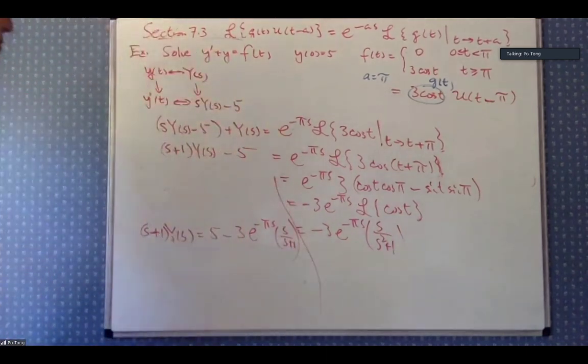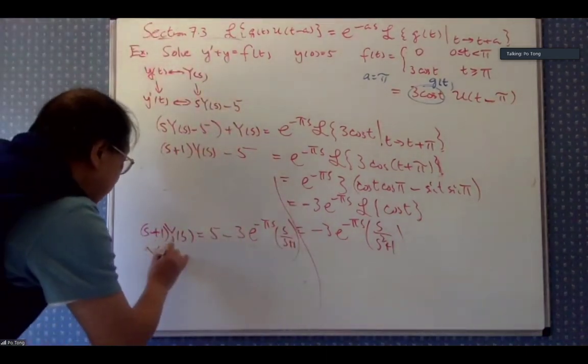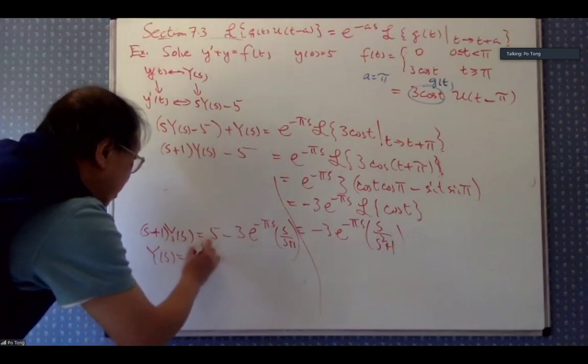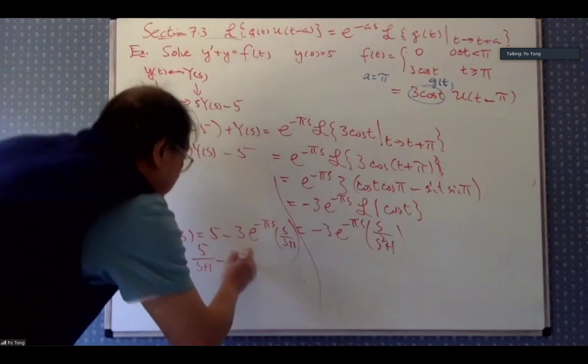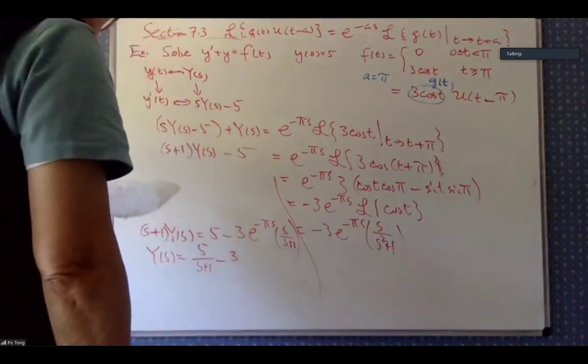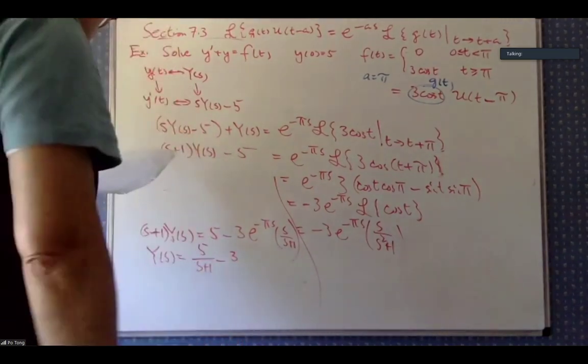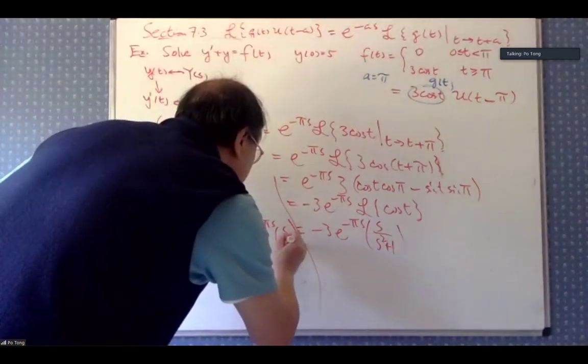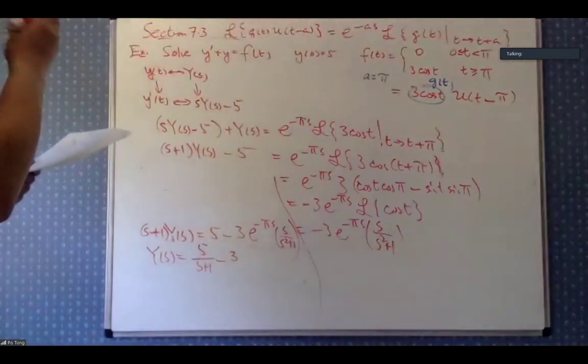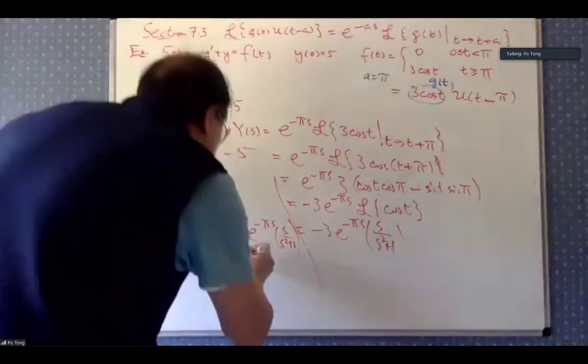So Y(s) will be 5 over s plus 1 minus 3... This is s squared, sorry. Okay. I think we are good.